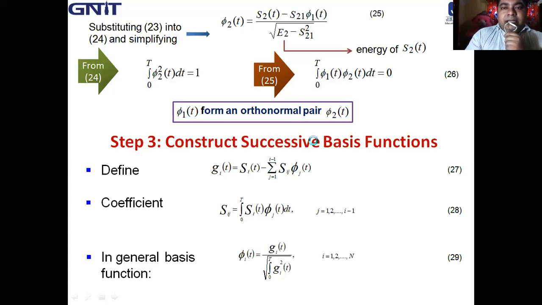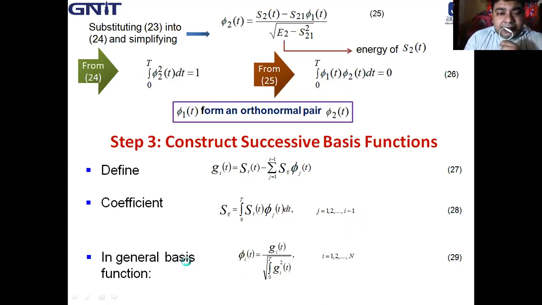Now continuing in this fashion, any intermediate function Git is equal to Sit minus the summation of j equal to 1 to i minus 1 of Sij phi jt, and the coefficient Sij is equal to the integration of Sit phi jt dt, where j is equal to 1, 2, 3 up to i minus 1.